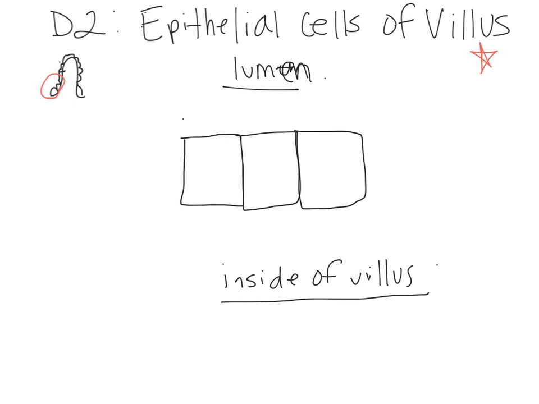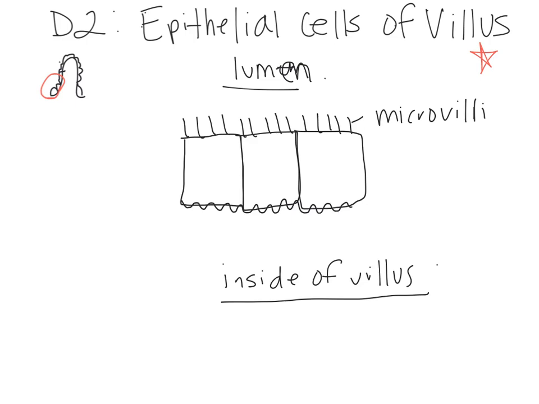One of the features that helps them do that are these microvilli. Again, these microvilli are going to increase the surface area for absorption. On the inside of the villus, we're going to see a kind of curvy section of the membrane.